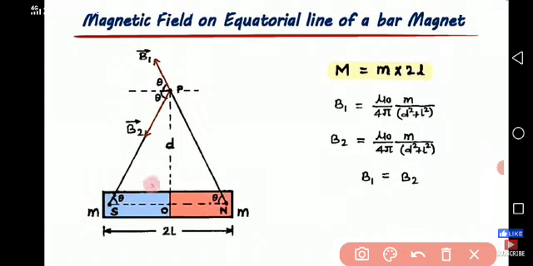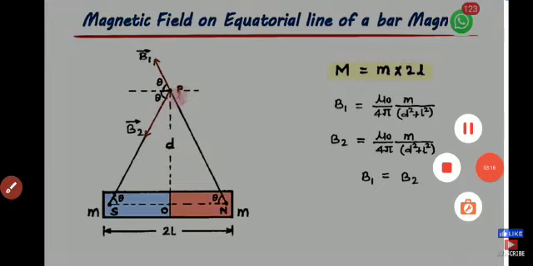And theta is the angle between the line joining the point P and N. That's why this B1 and B2 we can resolve into two components, B1 cos theta, B1 sin theta, and B2 cos theta, B2 sin theta, as we have done in our electric field.